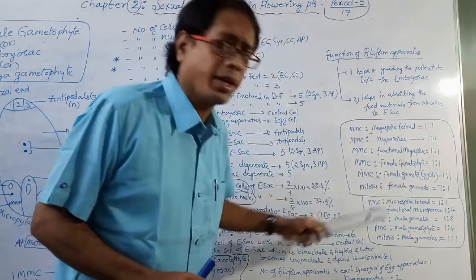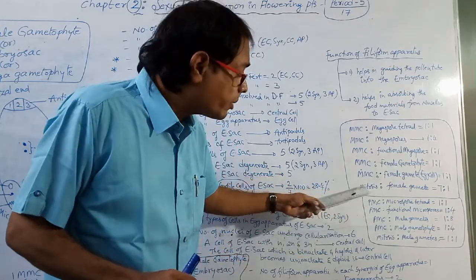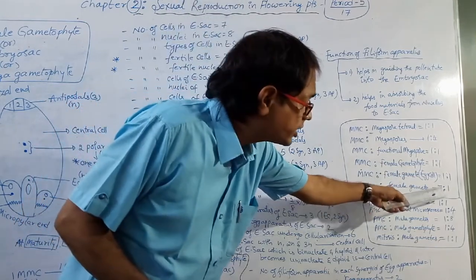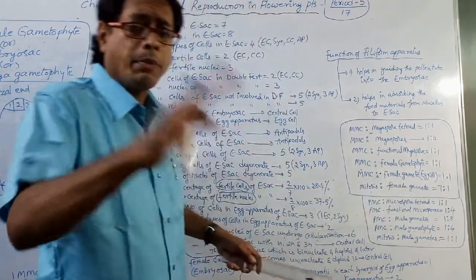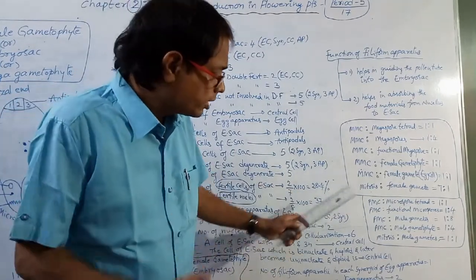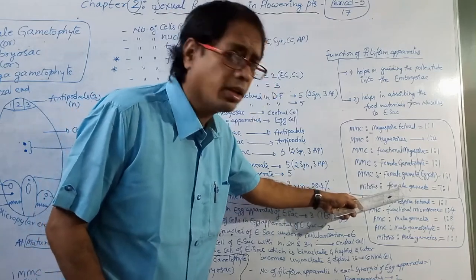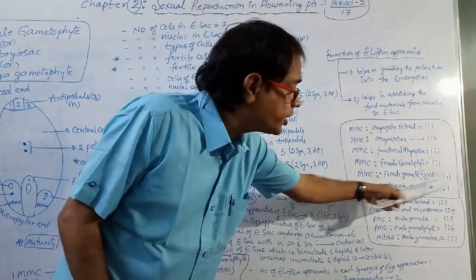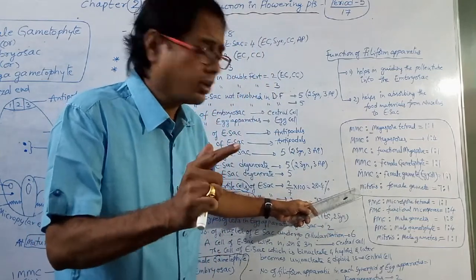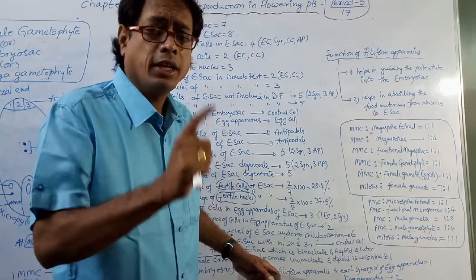Ratio between mitotic divisions and female gamete means 7 mitotic divisions are required for the formation of 1 female gamete, so that is 7:1. I am comparing with male.